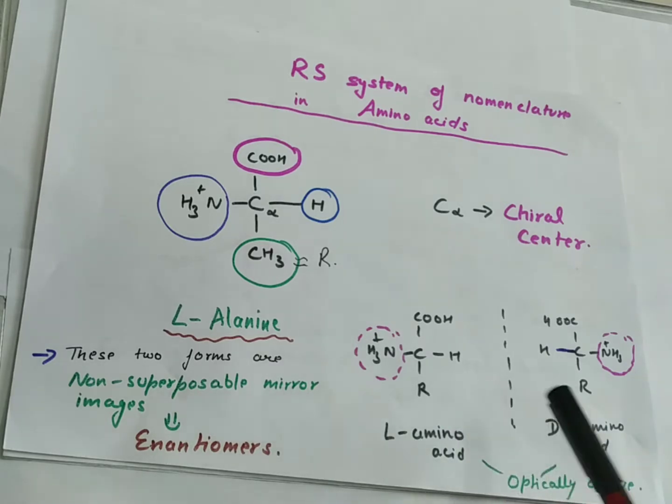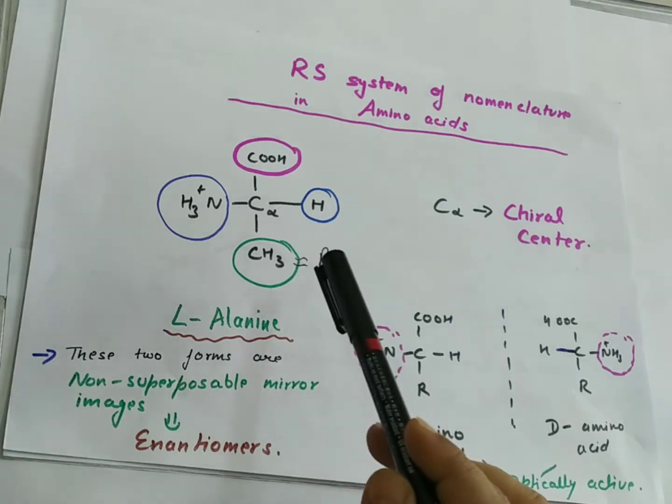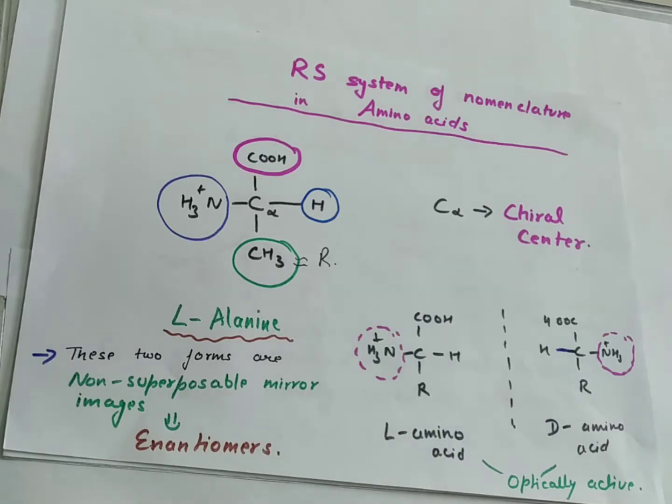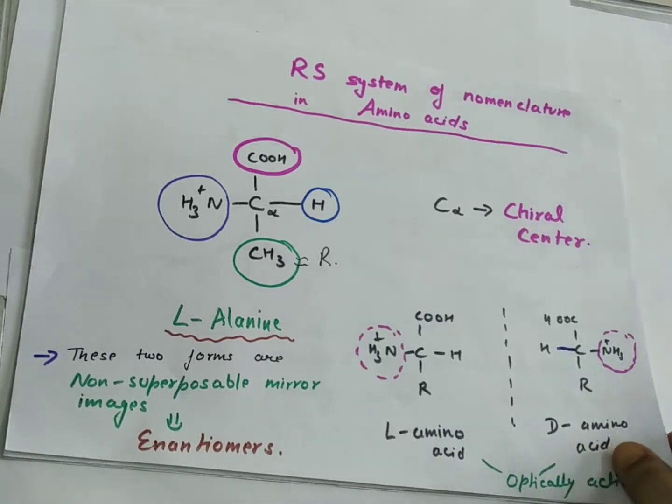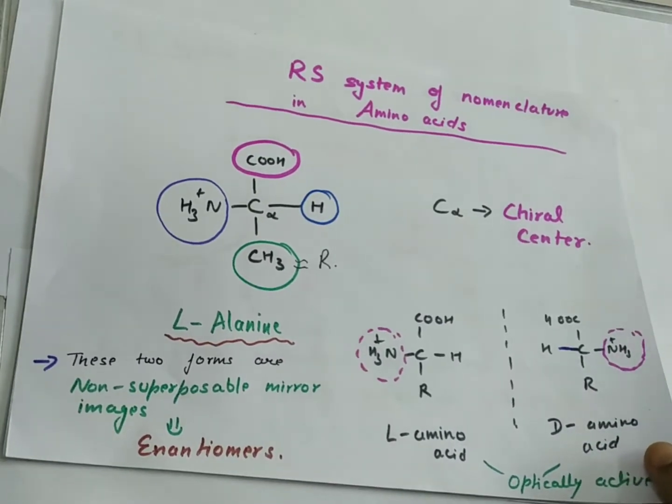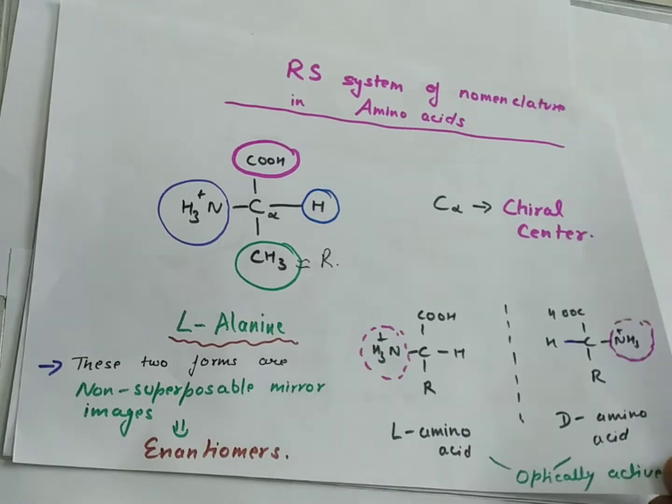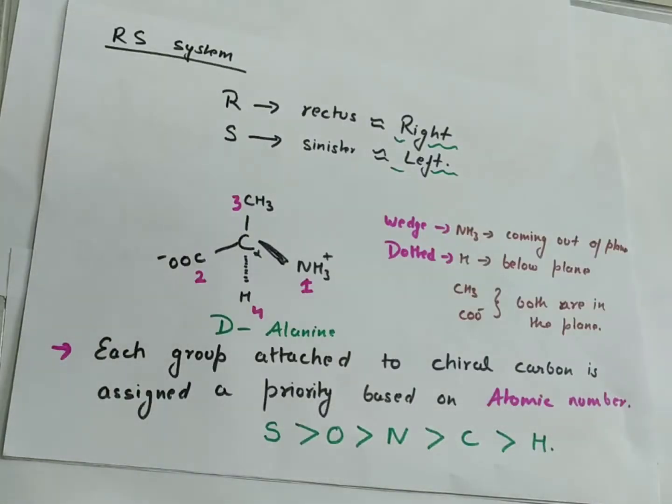These 2 forms are optically active. All amino acids are optically active except glycine, because in that the R group is H. This was the DL system, which we discussed deeply in our previous lecture. So we'll move to the RS system.